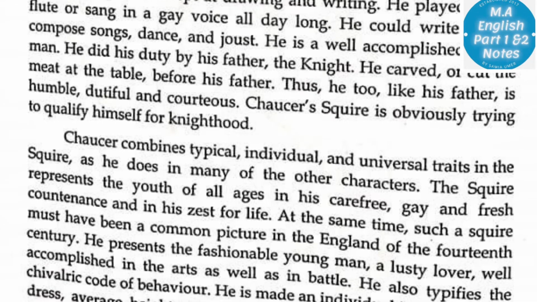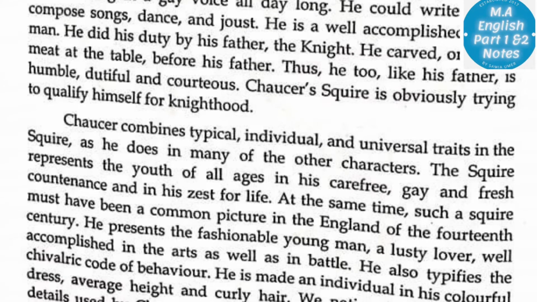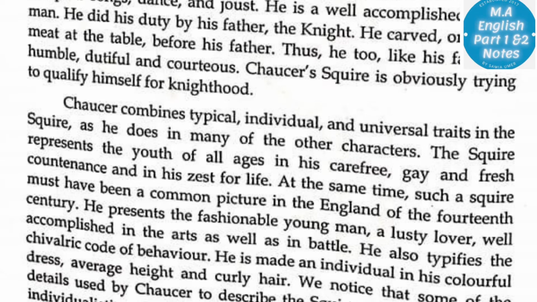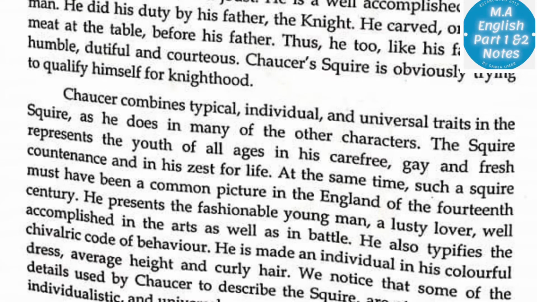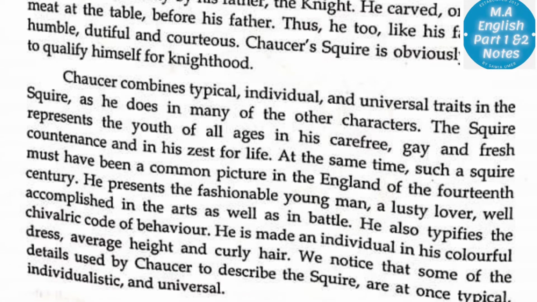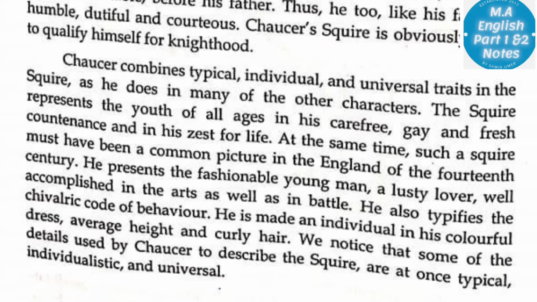Chaucer combines typical, individual and universal traits in the squire as he does in many of the other characters. The squire represents the youth of all ages in the carefree, gay and fresh countenance and in his zest for life. At the same time, such a squire must have been a common picture in the England of the 14th century.